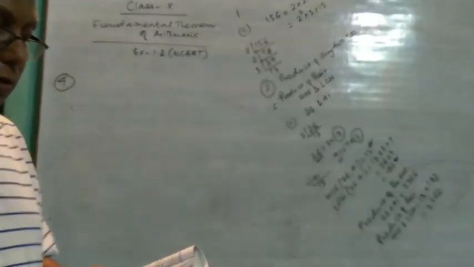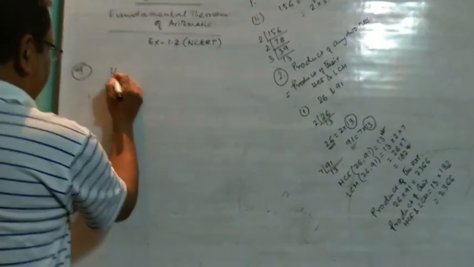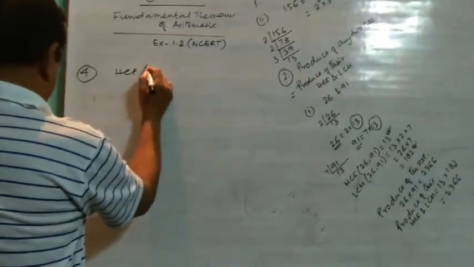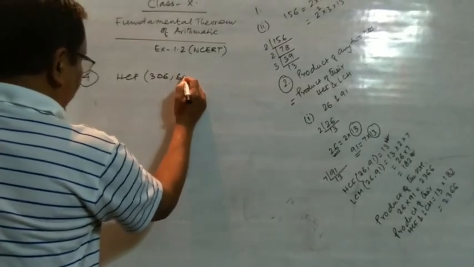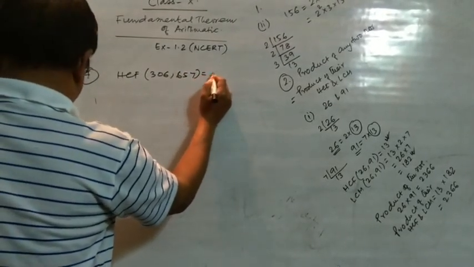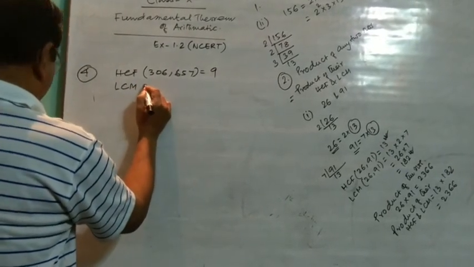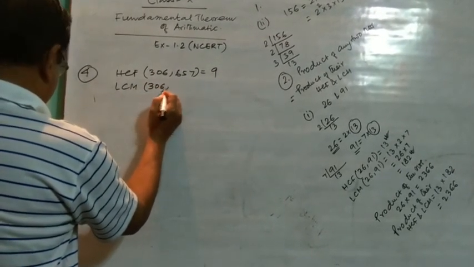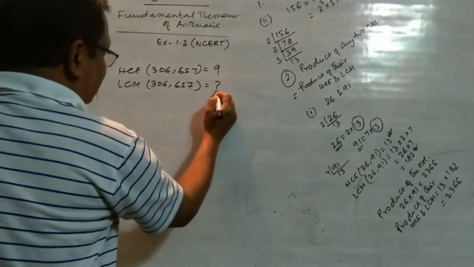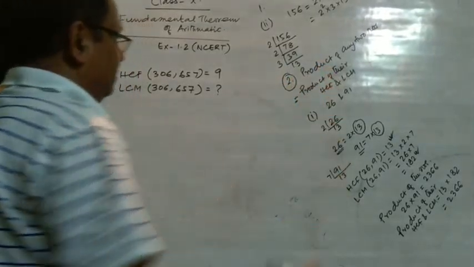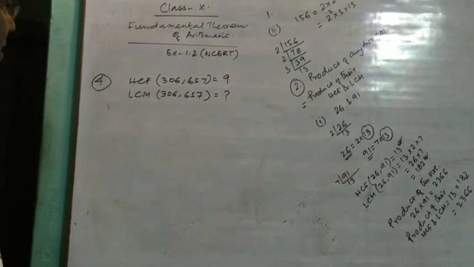Question number 4. HCF of two numbers given. HCF of 306 and 657 is equal to 9. You are required to find LCM of 306 and 657. Simply, the application of this: product of the two numbers is equal to product of their HCF and LCM.